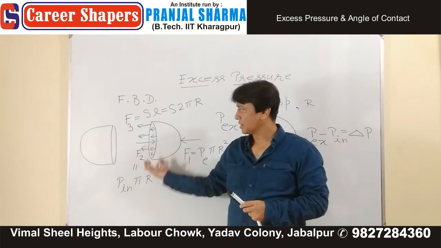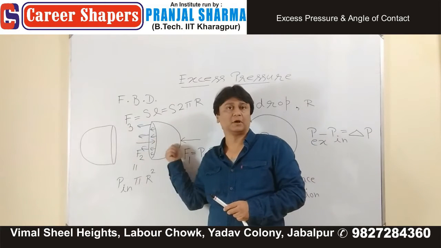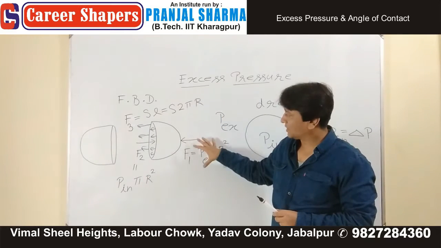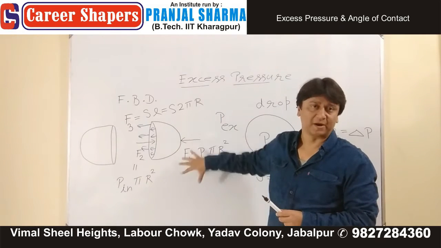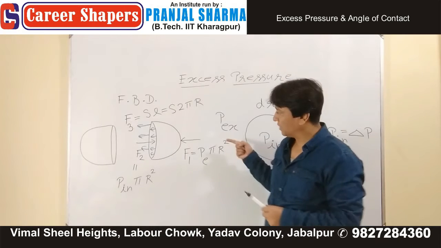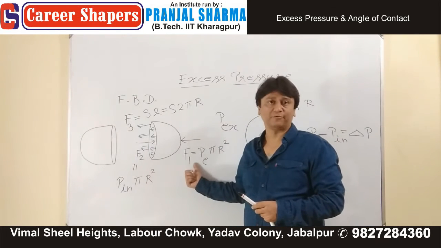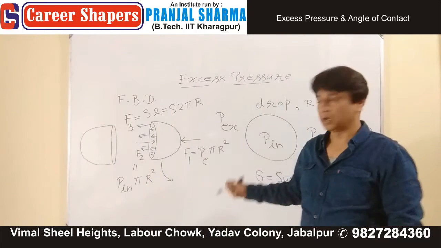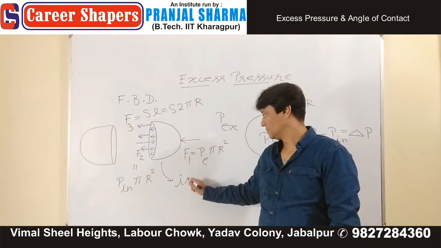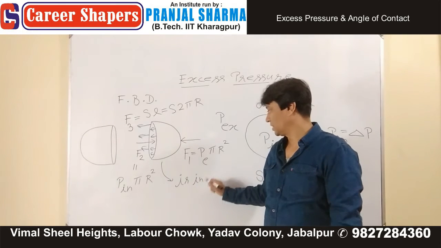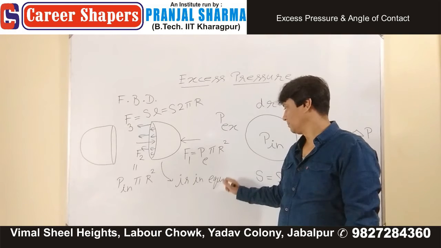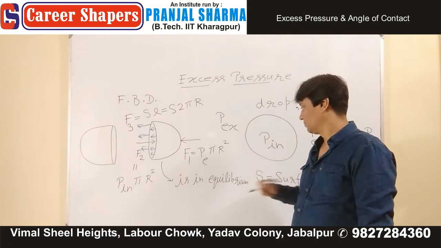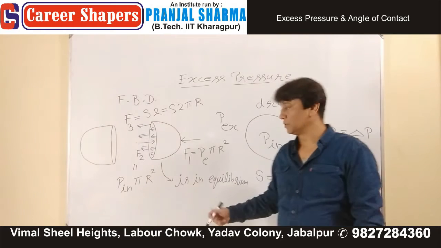Internal portion is pushing this in the direction shown by F2. External medium, whatever it is, is pushing this in the direction shown with F1. And ultimately, the drop is in equilibrium. If this thing is in equilibrium, then you will say what?